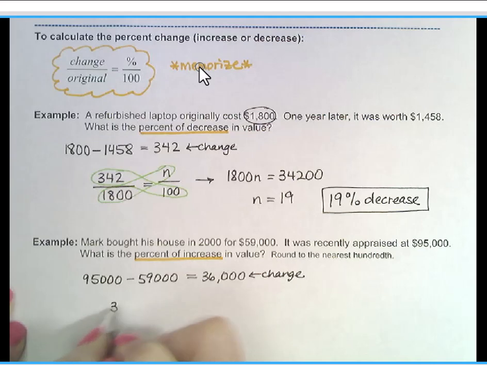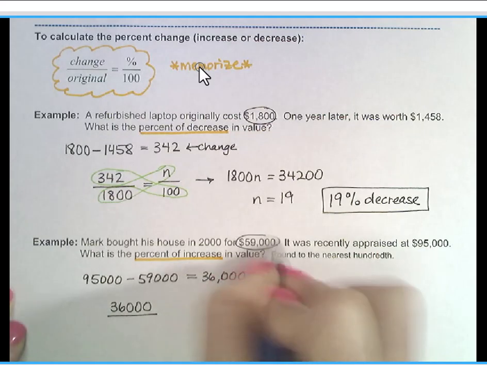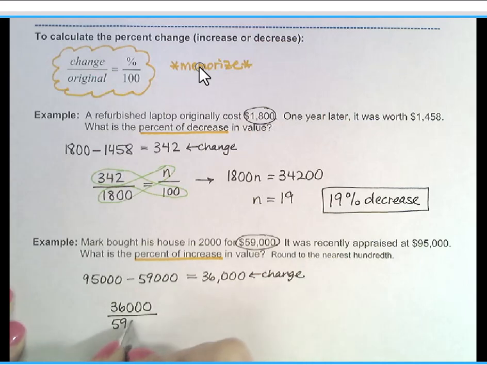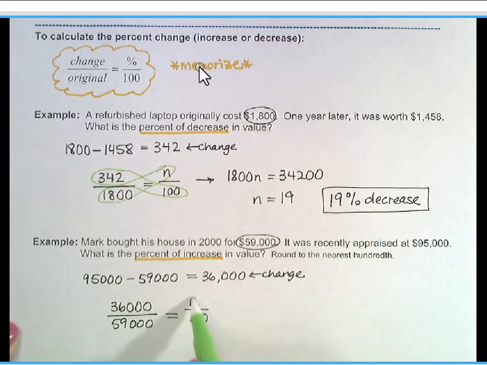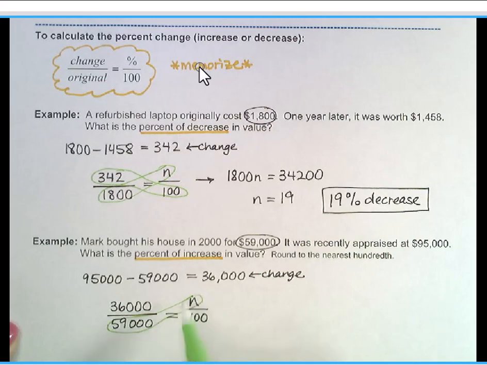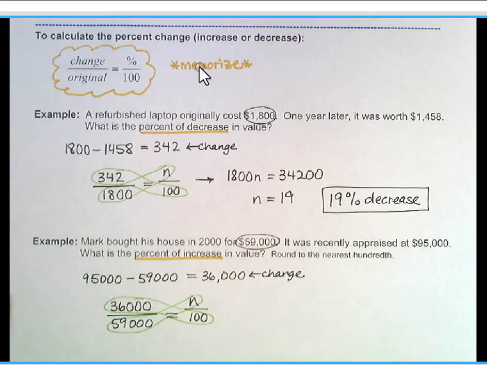So we take the change divided by the original price. He originally paid $59,000. And we set that up against our percent fraction. This one's going to have a whole lot of zeros in it, so you've got to be careful with all these zeros.